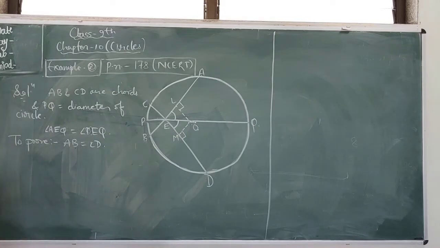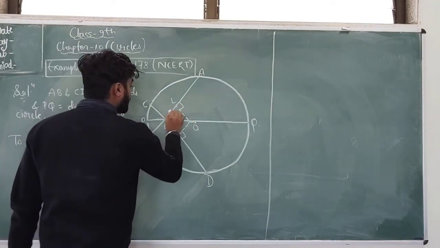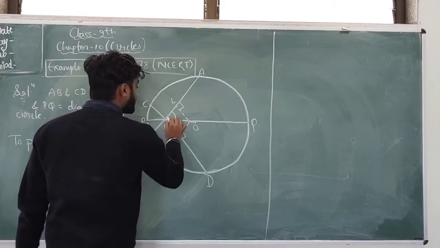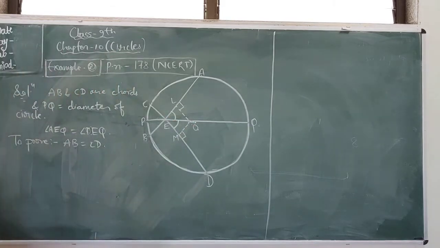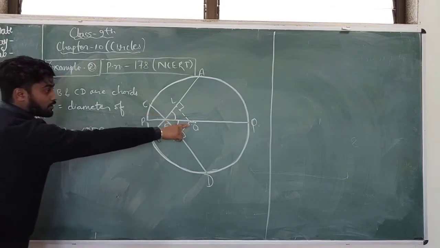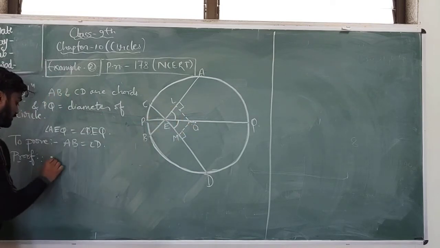Now we start with angle LOE. Here we can see that LEO is a triangle, so we can apply the angle sum property. We start the proof by taking the property of triangle OLE.